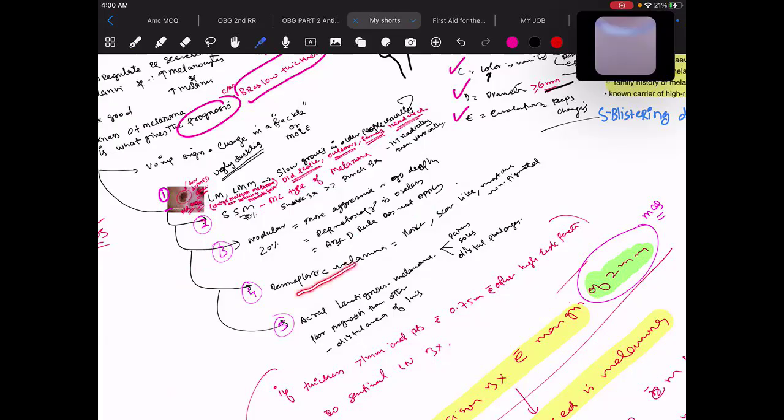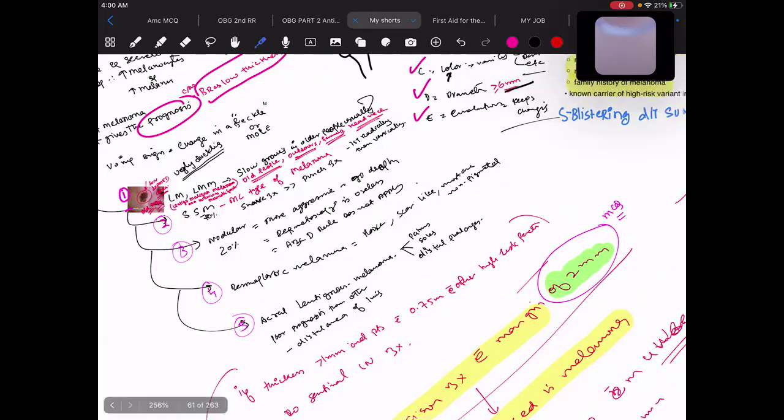Then we have desmoplastic melanoma, which is very rare and looks like a scar, and it is mostly non-pigmented. Okay, non-pigmented. We don't know the reason, but it is a non-pigmented type of melanoma. Then we have acral lentiginous melanoma. It is mostly seen in palms, soles, and distal phalanges.